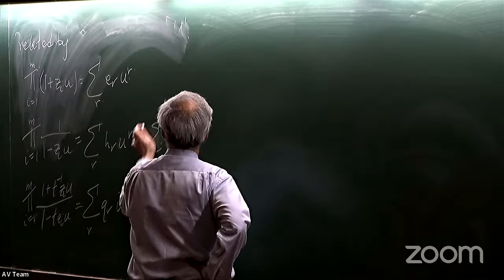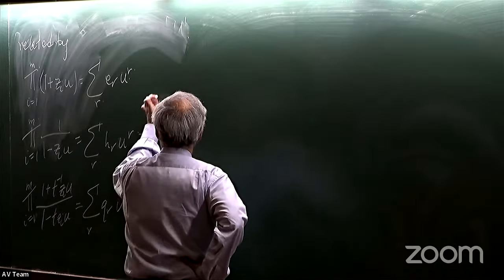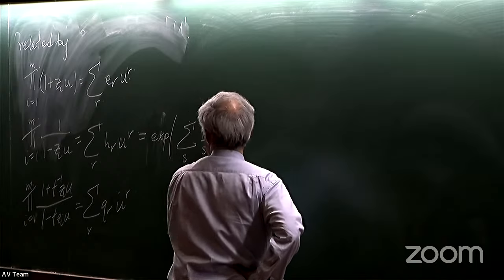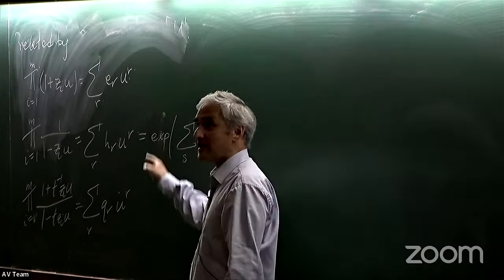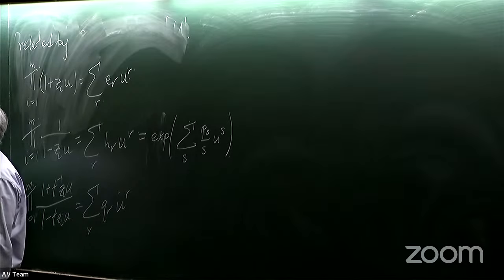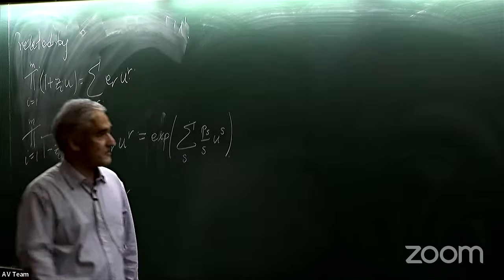So this is the exponential of the sum over S of P_S over S, U to the S. So this kind of formula allows me to go back and forth between these various bases. And the old paper I was talking about with Jeff Remmel and Tamsin Whitehead does that kind of analysis, if you want to get familiar.